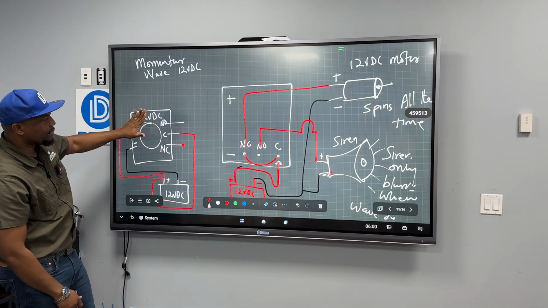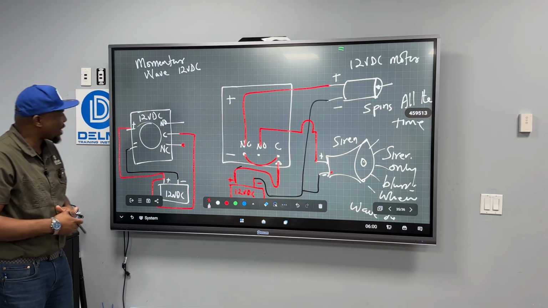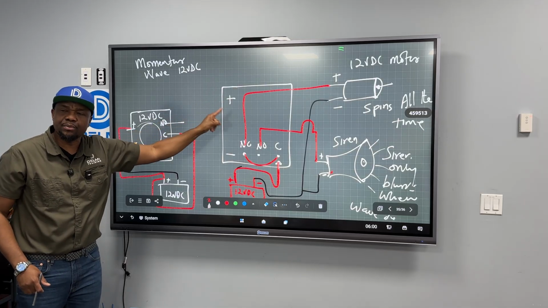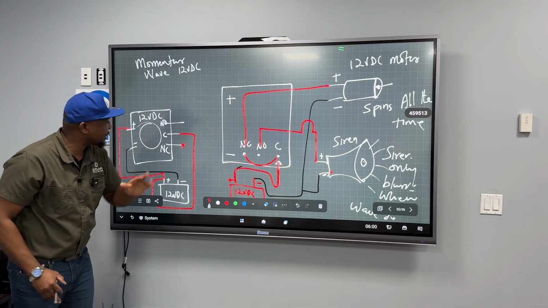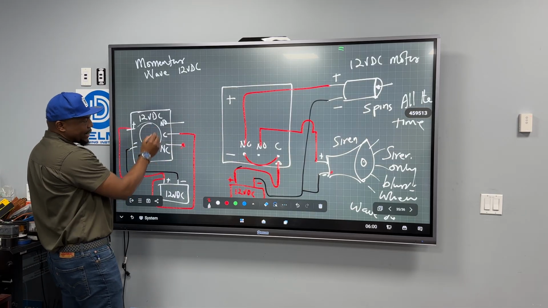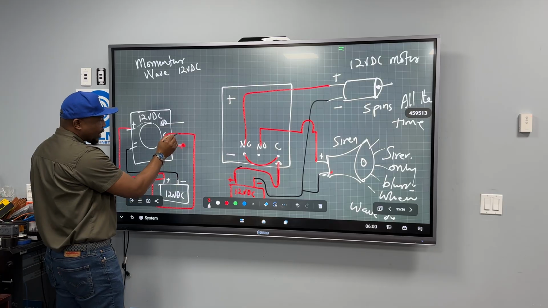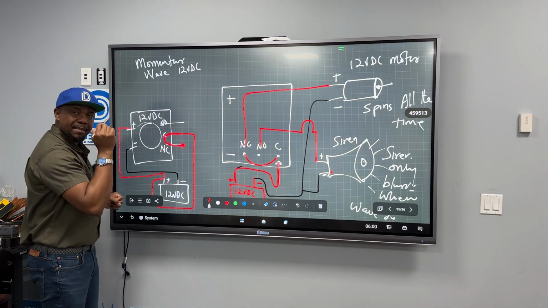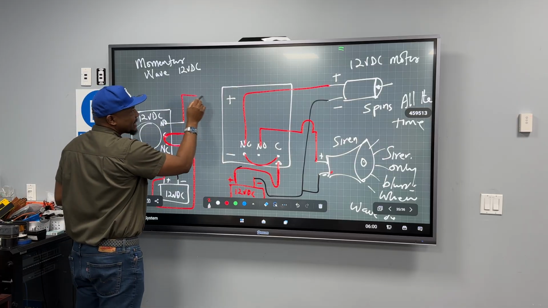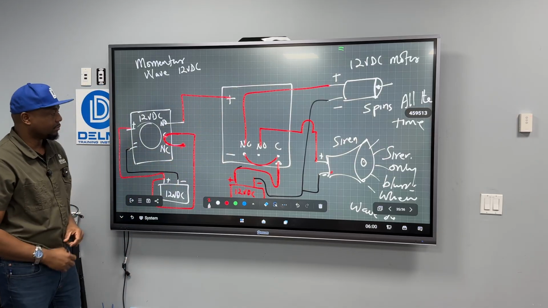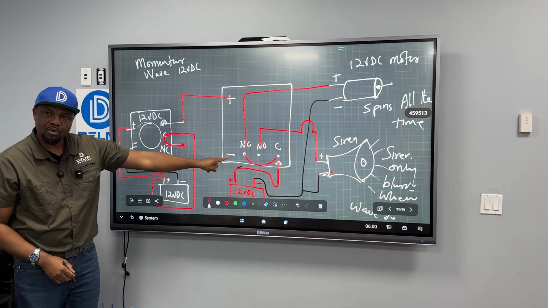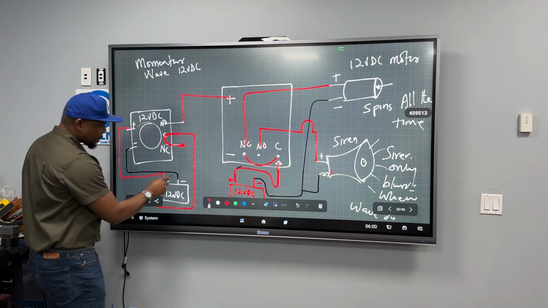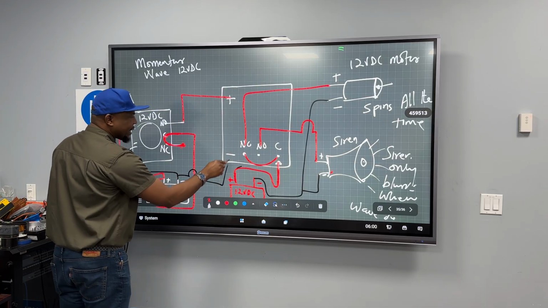And when I wave, it's going to take the voltage. So if I walk away and I connected it to the normally closed, this is going to constantly receive power. And that's not what I want. So I'm going to use the normally open because this electricity is already coming out from here. There's nothing coming out from here. So it makes sense for me to connect this to the positive here. But I have the negative coil here. I have to make sure that that electricity is complete. So I'm going to take this, jump it, and connect it here.